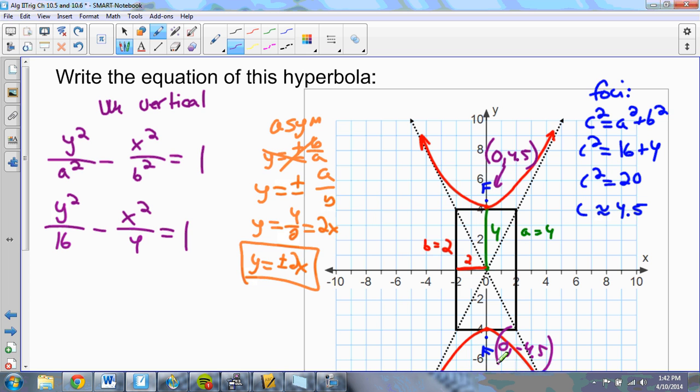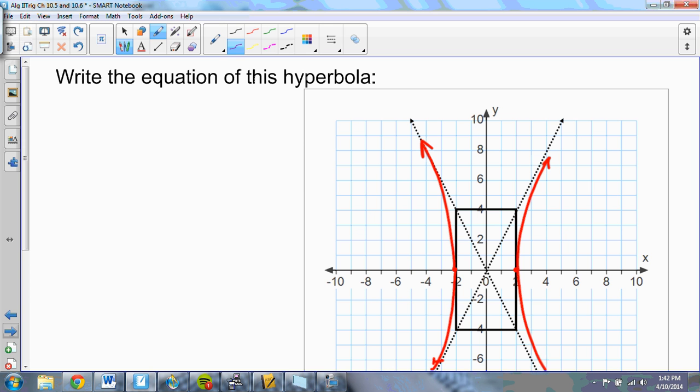Question there? Okay, I want you to look at this right now and keep your eyes on it when I switch the page. I kept the exact same box and the exact same asymptotes, but I went from a vertical orientation to a horizontal one. So it's now x squared over a squared minus y squared over b squared. x now comes first because it's horizontal.